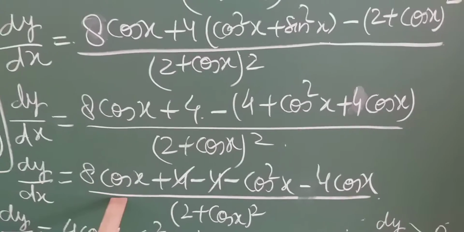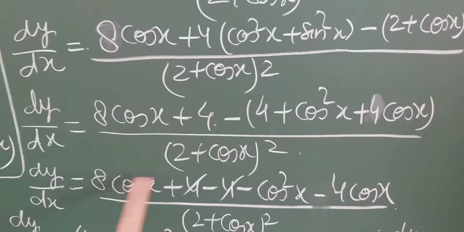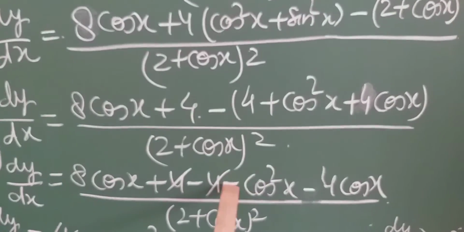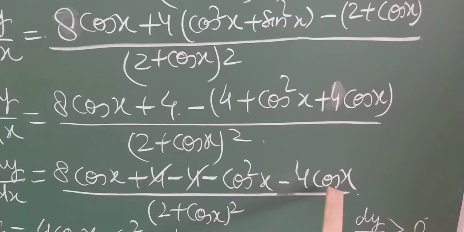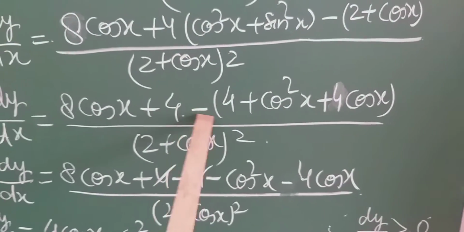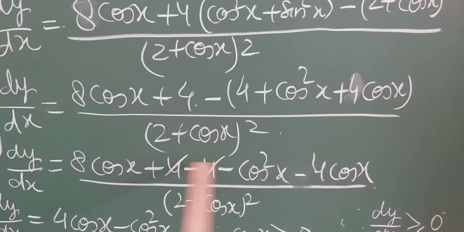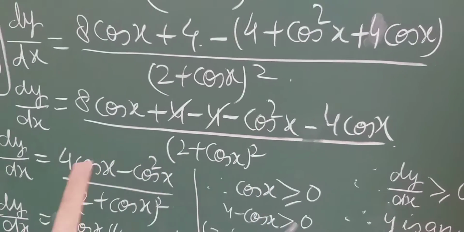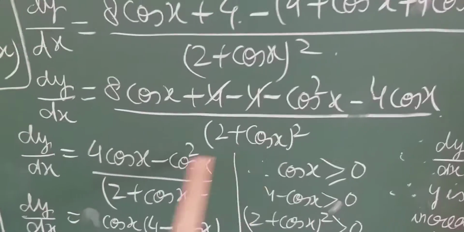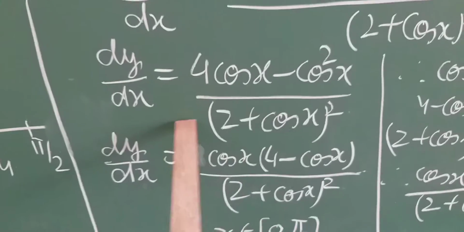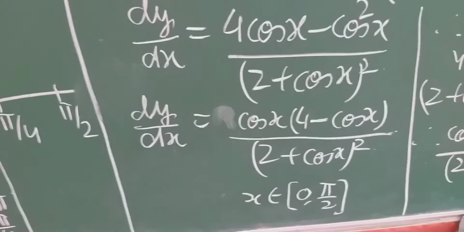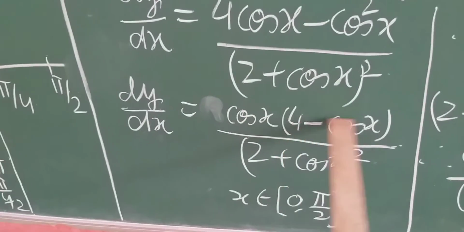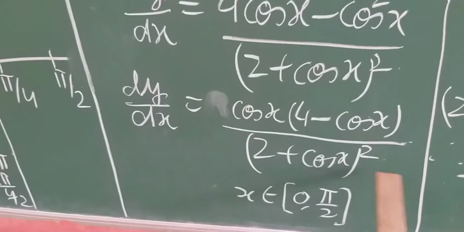So now dy by dx, students, 8 cos x plus 4 minus 4 minus cos square x minus 4 cos x, because the minus sign is outside, so when we open the bracket the sign will be changed. 4 cancels, 8 cos x minus 4 cos x is 4 cos x, minus cos square x upon 2 plus cos x whole square. So dy by dx, cos x is common, cos x into 4 minus cos x upon 2 plus cos x whole square.